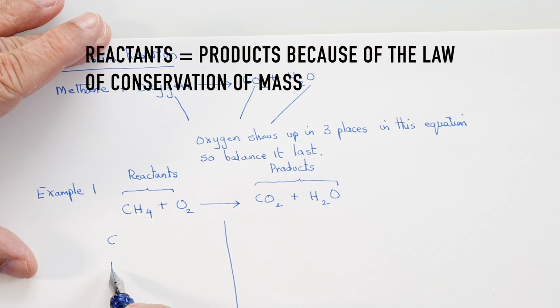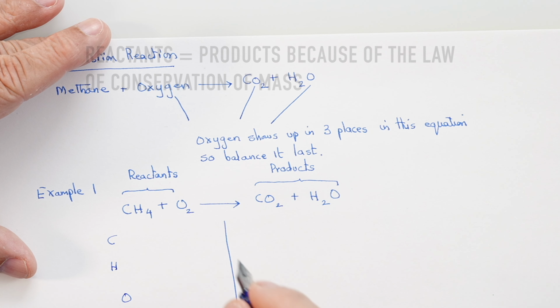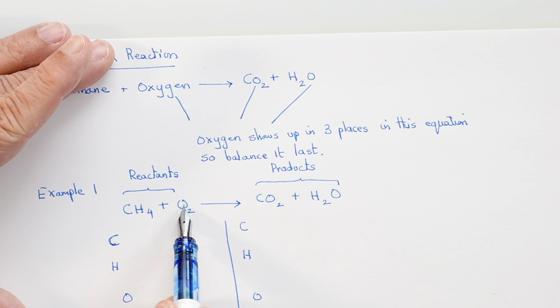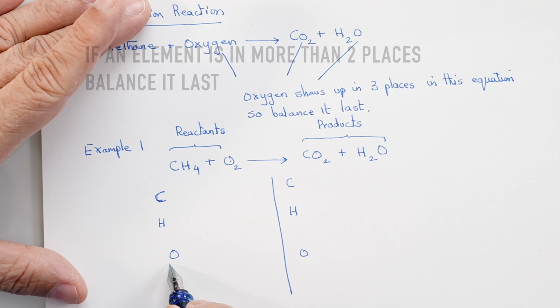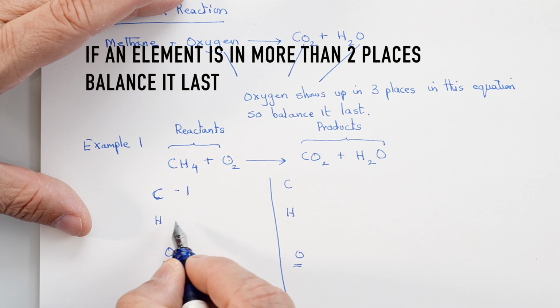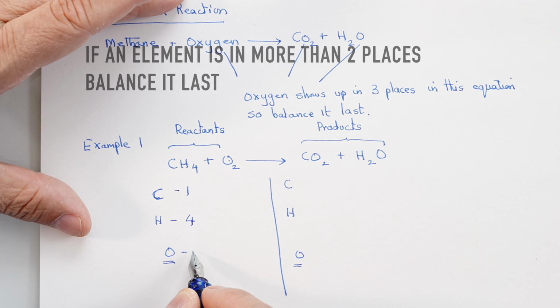So carbon, hydrogen, oxygen, you always list the elements, and you want to list them in the same order as you did over here. Oxygen shows up here, here, and here. In a situation where you have an element showing up in multiple places, you want to make sure that element is last on this list. It needs to show up at the very end. Carbon is 1, hydrogen is 4, oxygen is 2.